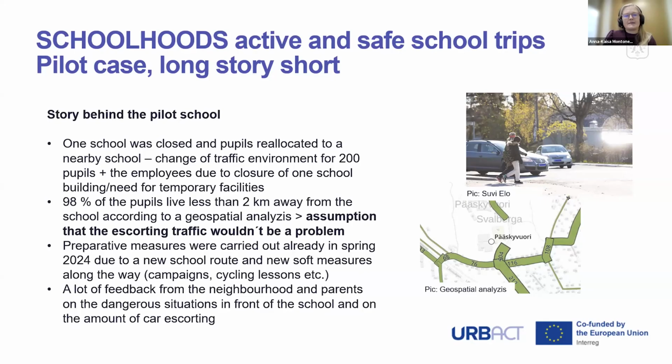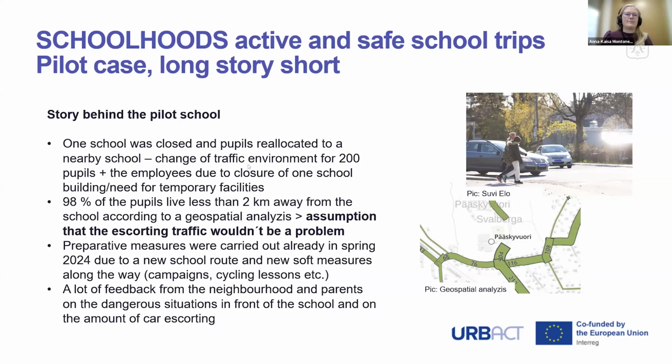But none of these soft measures proved to be effective enough, or we didn't get the results quickly enough, and the traffic environment actually was really dangerous. There was a lot of car traffic in front of the school. We got a lot of complaints from the neighborhood, from the parents, from the school and so forth. So we needed to make some new plans.